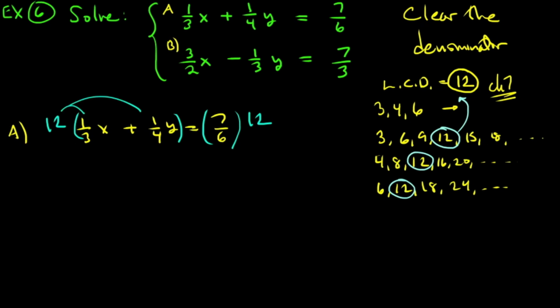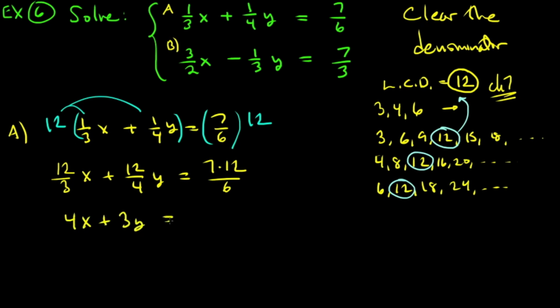When we distribute the 12, what do we get? We get 12 over 3 times x plus 12 over 4 times y equals 7 times 12 over 6. Now 12 divided by 3 is 4, so 4x. 12 divided by 4 is 3, so 3y.